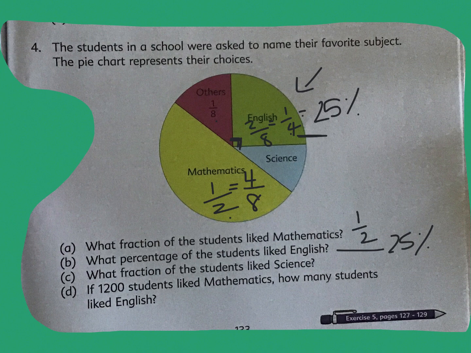So we have 2/8, 3/8, 3/8 plus 4/8 is 7/8. So what is left? If a whole is 8/8 and you take away 7/8, 1/8 is left. Now, you know what you could have done is, since we know this is half, this is a 4th, these two would have to equal up to a 4th. So 1/8 plus 1/8 is 2/8 or a 4th.